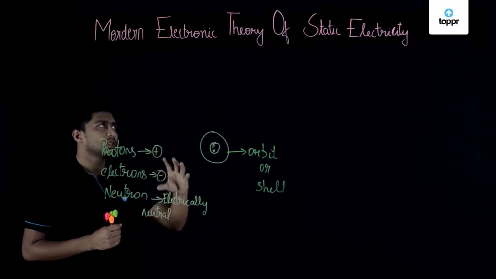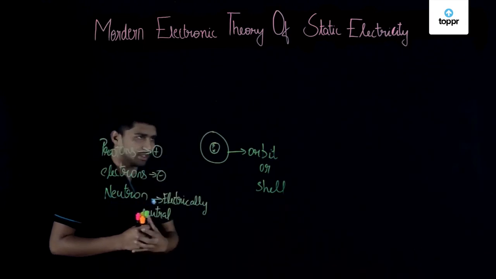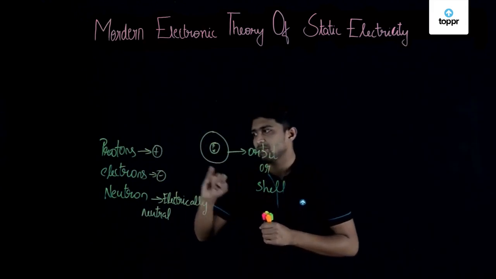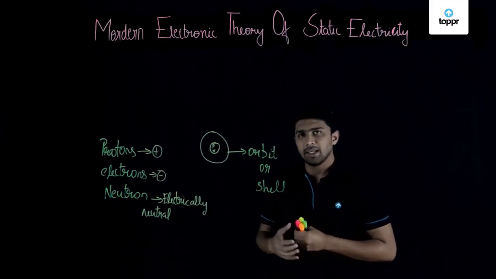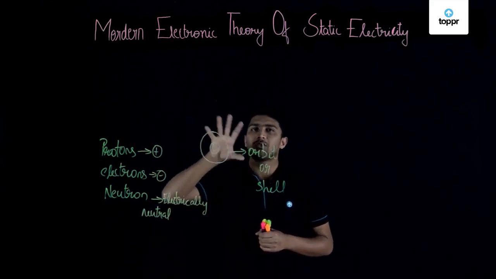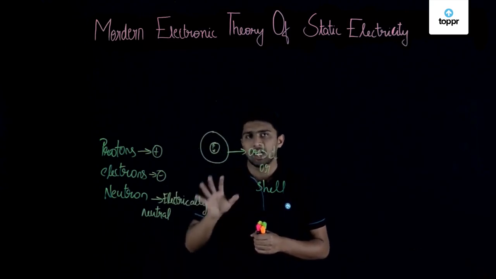Now we are going to understand static electricity. As I already told, protons carry a positive charge and electrons carry a negative charge. There will be many orbits or shells.